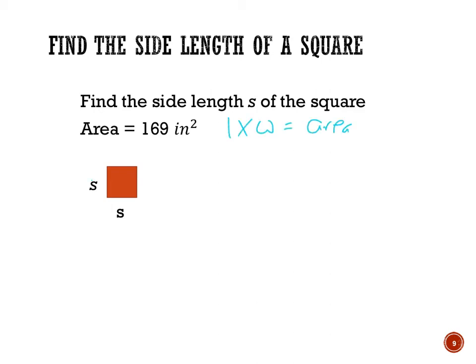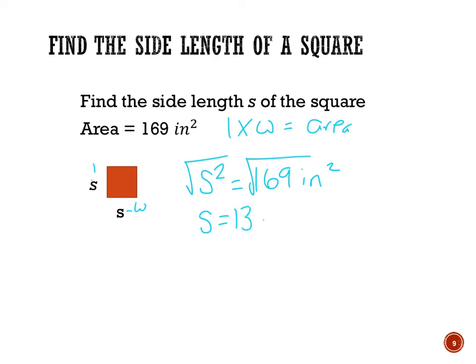Okay, so s is my length, s is my width, so s times s gives me s squared equals 169 inches squared. So to find out what s is, we have to take the square root of both sides. The square root of s squared equals s, and the square root of 169 equals 13. Each side is 13 inches.